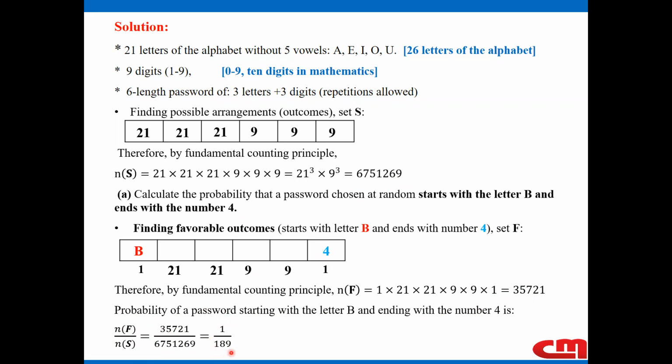Now, if you write this number as a decimal fraction, you see that it is nearer to 0 than it is to 1. Remembering that probability is a number between 0 and 1, when it's nearer to 0, we are simply saying we have a slim chance of coming up with passwords starting with the letter B and ending with the number 4. That is the meaning of this probability.